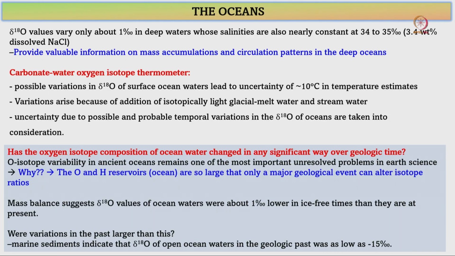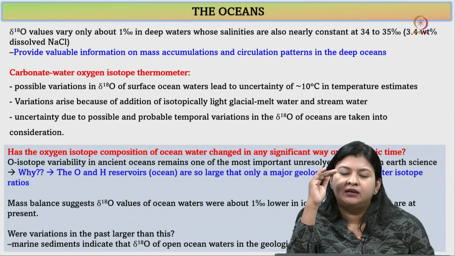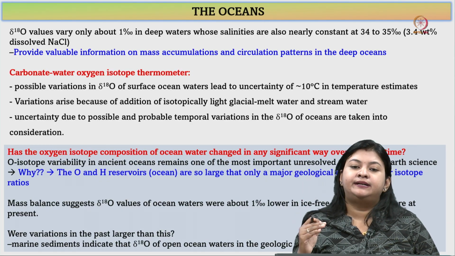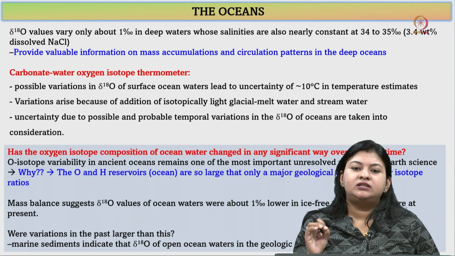Because imagine the amount of water that is there in that particular reservoir. So, it needs a huge event to change the delta 18O value. Even if some changes are happening on the surface, the values get very muted. As we go down in depth, the changes get very muted.